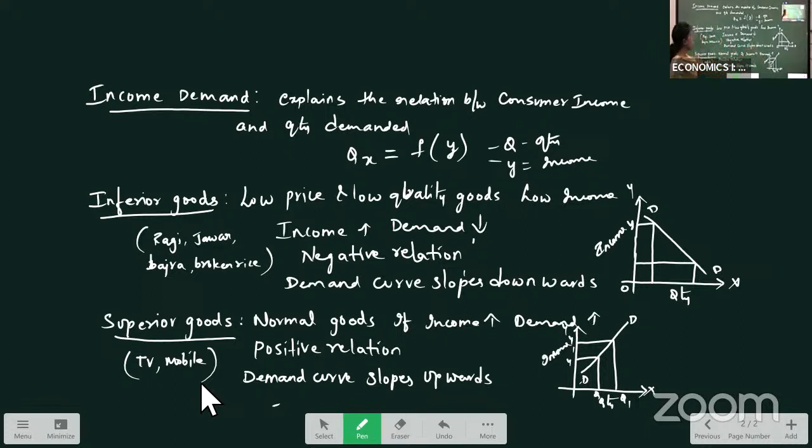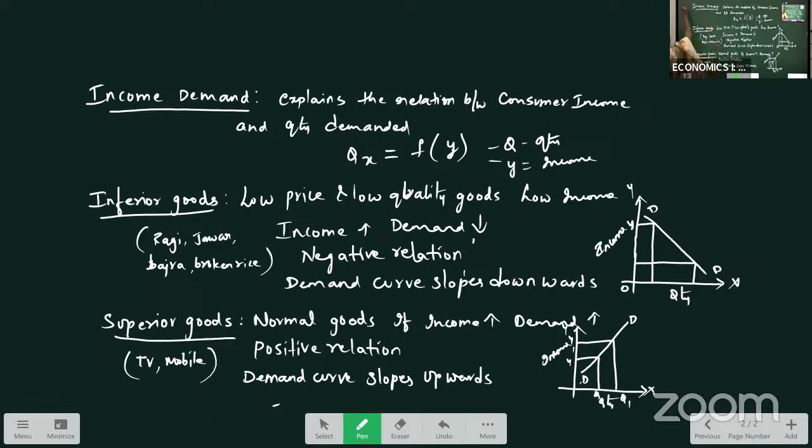Now, superior goods are also the normal goods. When income increases, demand also increases. So there is a positive relation. When there is a positive relation, the demand curve slopes upwards. So this is the concept of income demand.